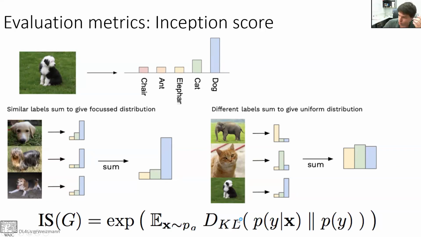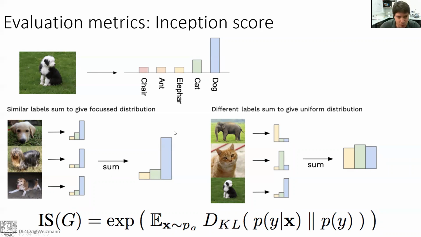This is why I want to maximize the Kullback-Leibler divergence between these two probability distributions. And we usually take the exponent, and this is the range of numbers that we are looking at. This is called the Inception Score, and it's based upon this Google Inception network.